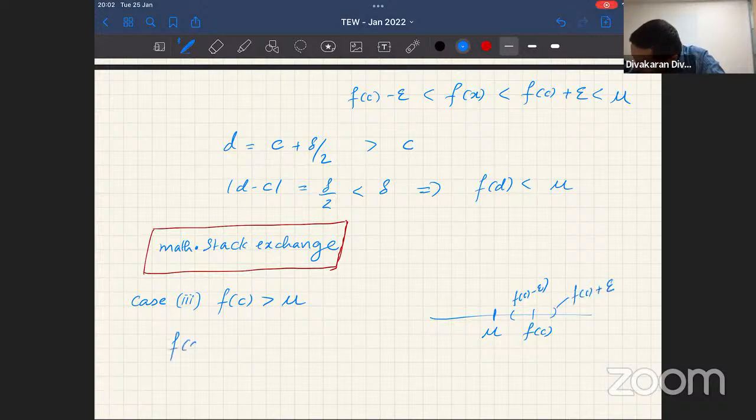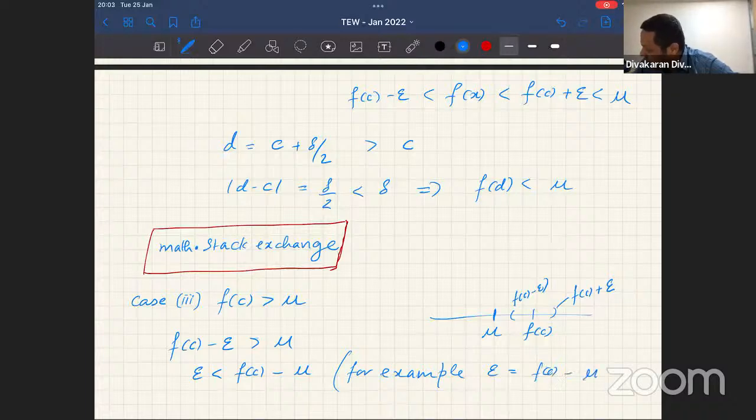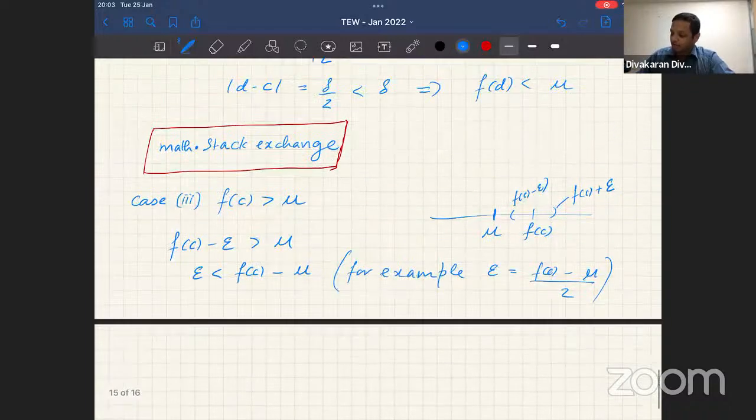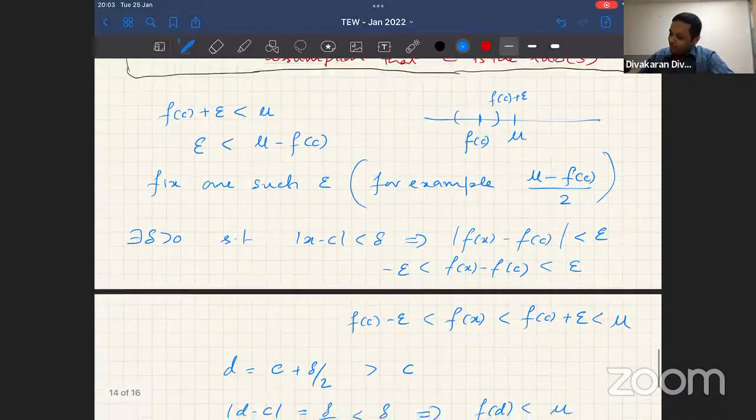So we want f of c minus epsilon to be greater than mu. In other words, we want epsilon to be less than f of c minus mu. In particular, we can take epsilon equal to (f of c minus mu) divided by 2. This can be a particular example of epsilon that you can take. If you take such an epsilon, then again you will use the same thing.